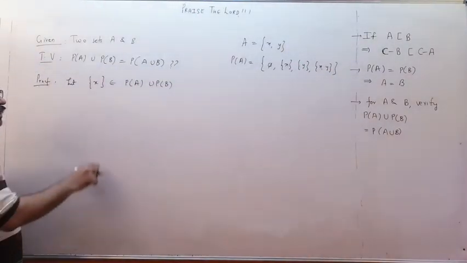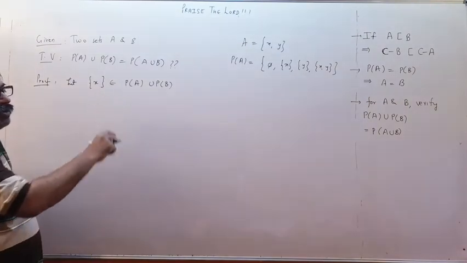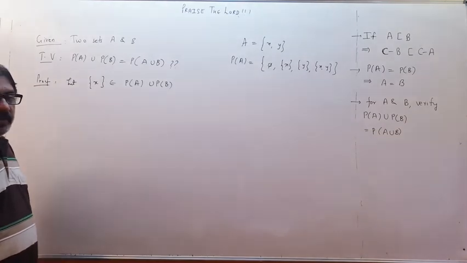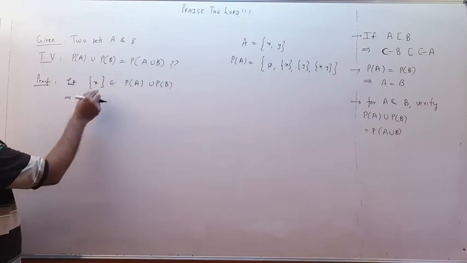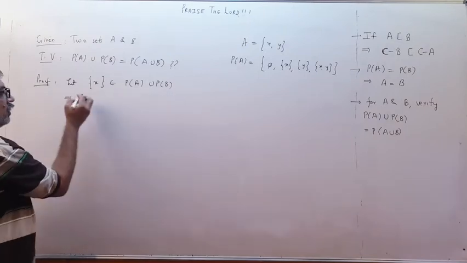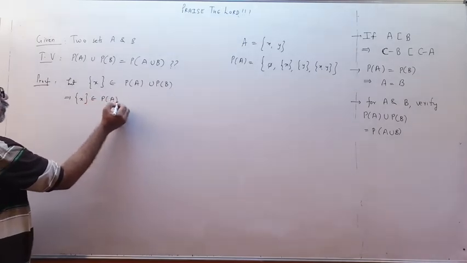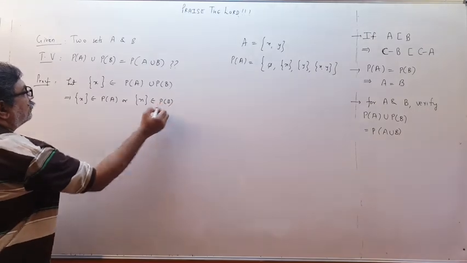So therefore I am not taking small simple X, I am taking set X. Because simple X cannot belong to PA union PB. Power set means element will be in the form of set. You can see that. So that means either this element is over here or here. So that means set X belongs to PA or set X belongs to PB.